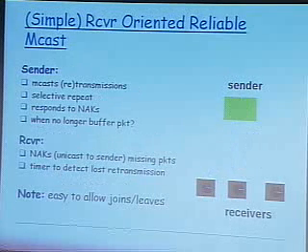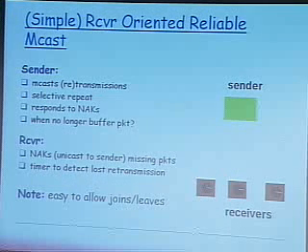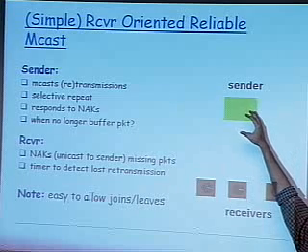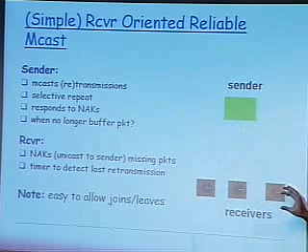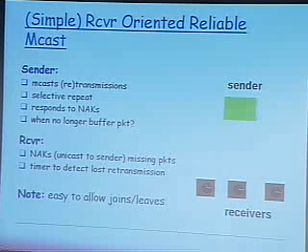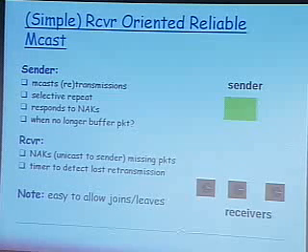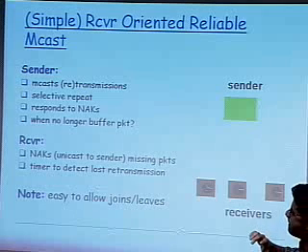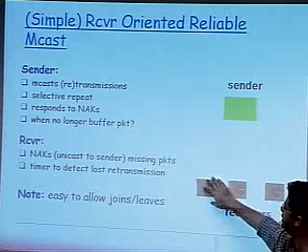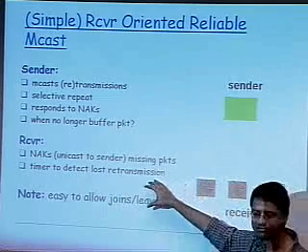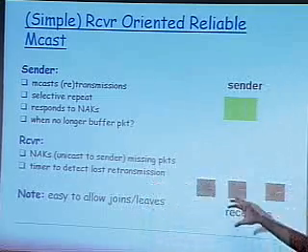In receiver oriented reliable multicast, the sender is not going to keep any state. All the states are kept at the receivers. The sender will respond to NACKs, and these NACKs are unicast to the sender to detect missing packets, and each receiver will have a timer to detect loss transmission.